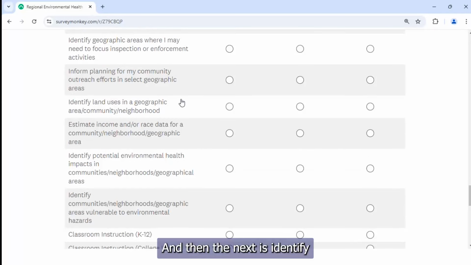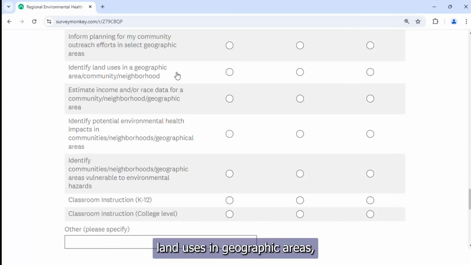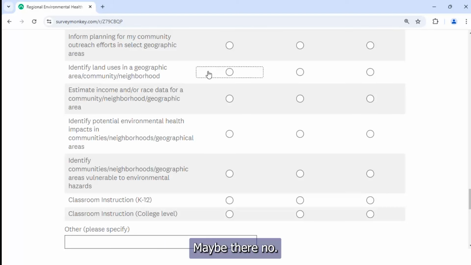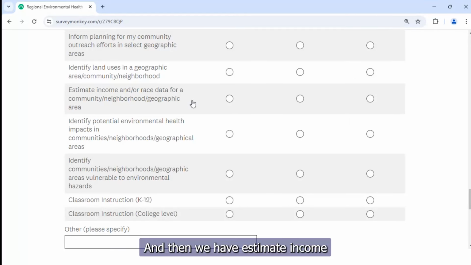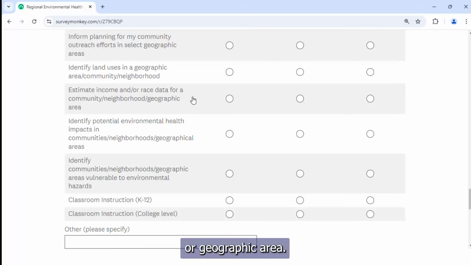And then the next is identify land uses in geographic areas, communities, or neighborhoods. Yes, maybe, or no. And then we have estimate income and/or race data for a community, neighborhood, or geographic area.